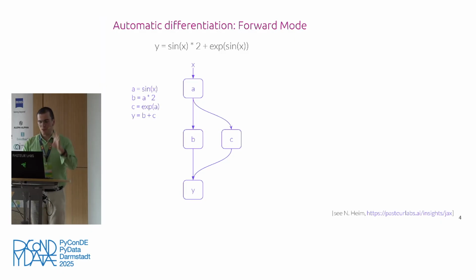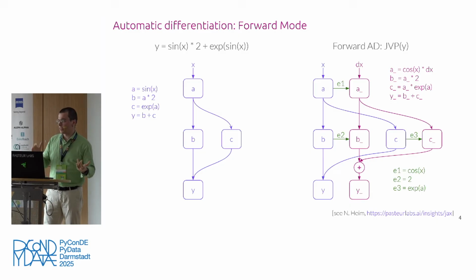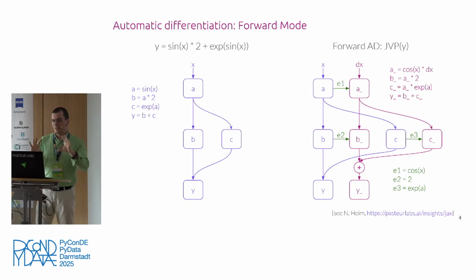This is really simple, and you can see each of these steps are sort of elementary operations. And to calculate automatic derivatives of this thing in the forward mode, you will basically need to build a sort of copy of this graph.